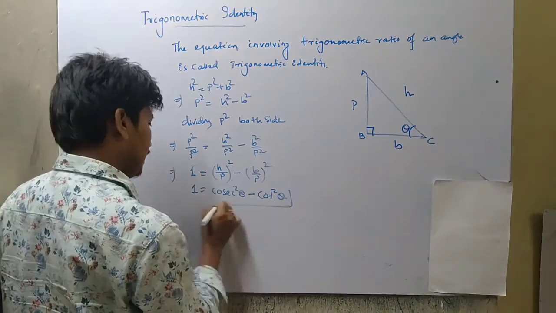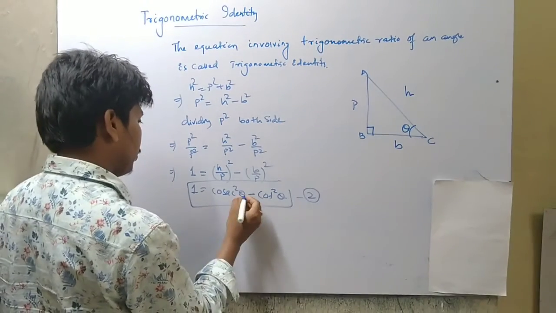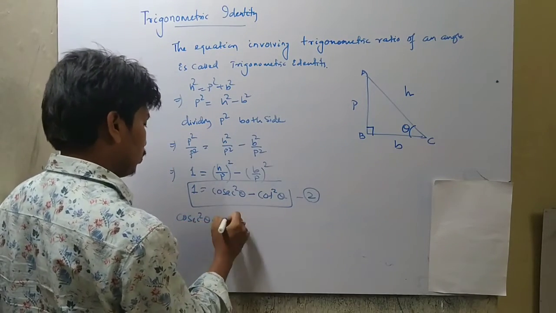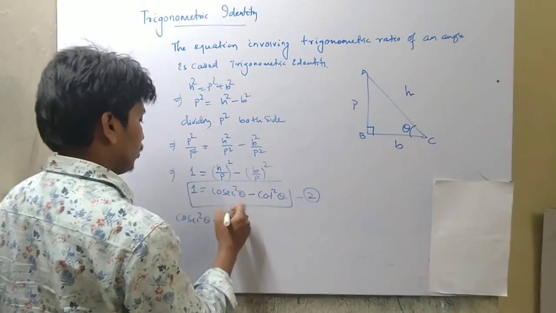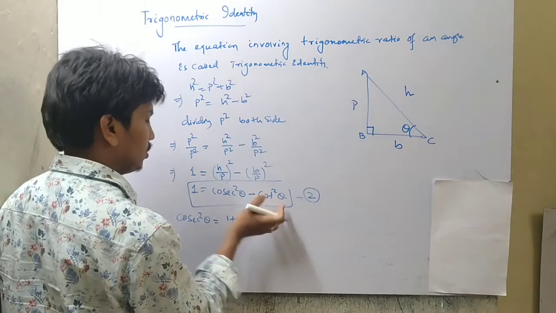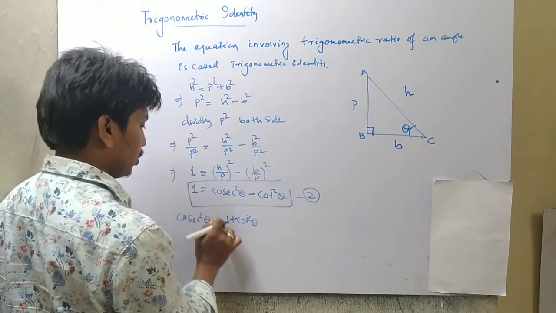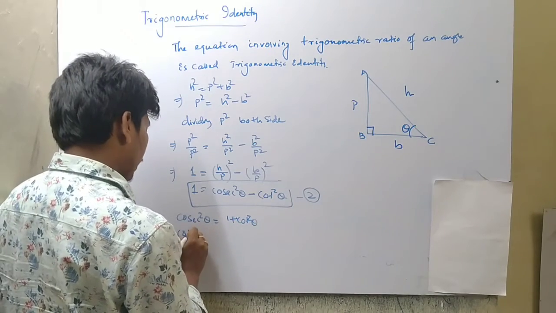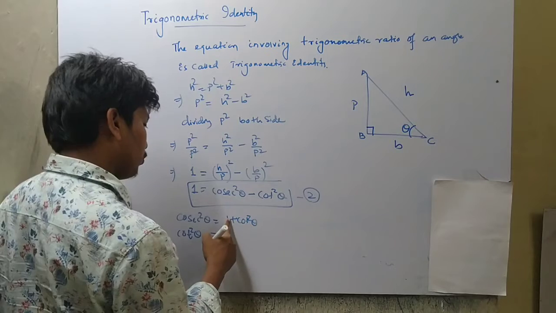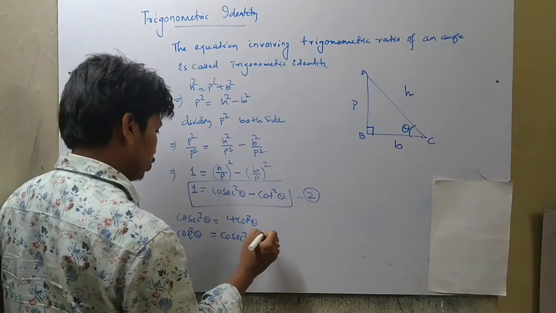So this is the second formula: cosec square theta is equal to 1 plus cot square theta. If cot square theta comes to the other side, the sign changes: cot square theta is equal to cosec square theta minus 1.